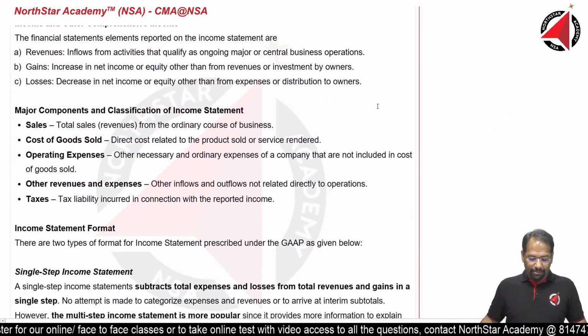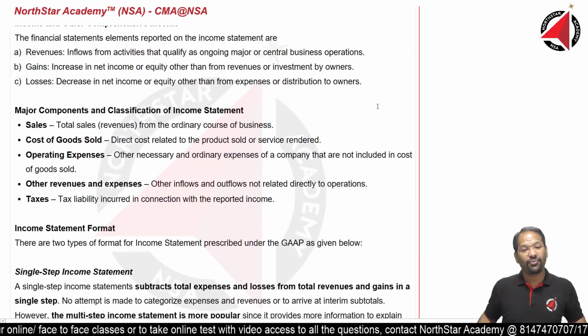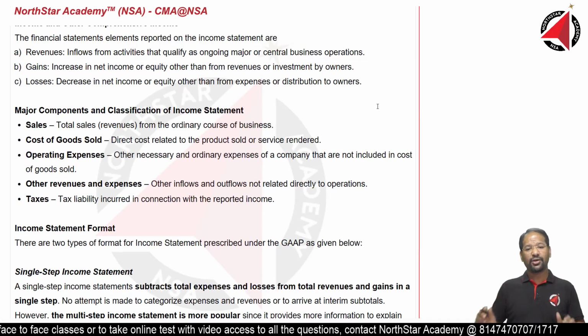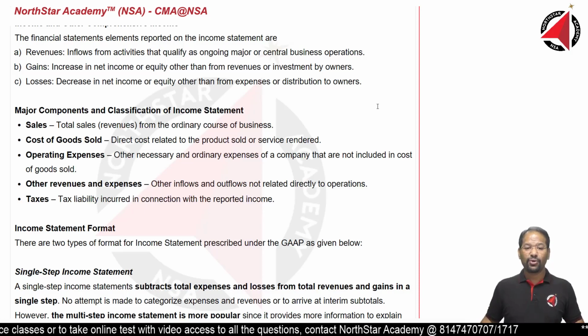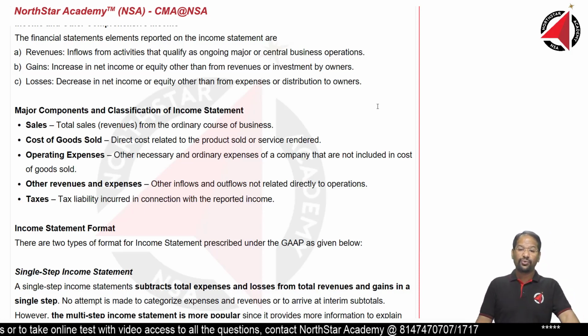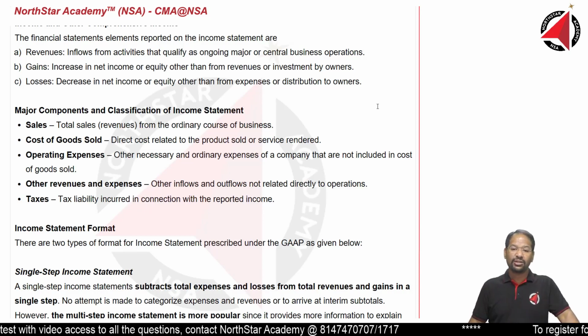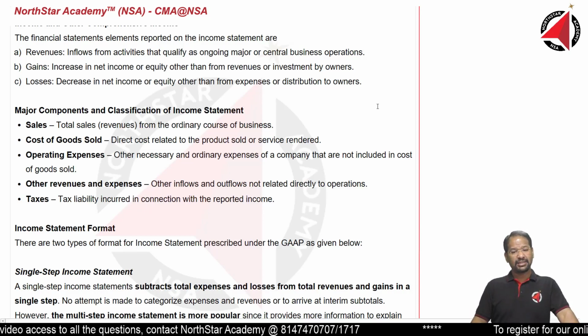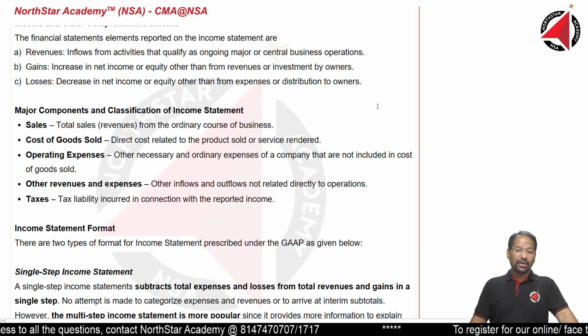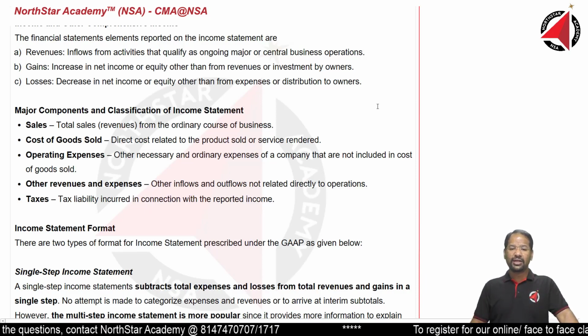Next one, major components and classification of income statement. Sales, I'm sure you are familiar with. Sales means sales of goods in trade. Cost of goods sold means cost of goods sold of that item which we deal in, basically goods in trade. Operating expenses, important. Operating expenses are those expenses which we generally record in the P&L account.